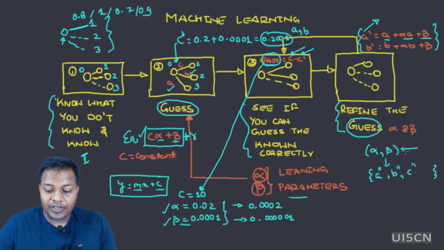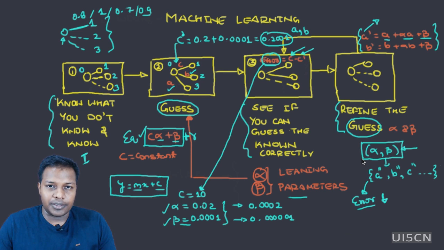Now this set of alpha and beta, when we use, we are able to minimize the error to its minimum. So our objective in the machine learning is always to minimize the error between our guess and the real value. And when we come to the point where we have minimized the error to its minimal value, then we basically take that alpha and beta value and we say we got it.